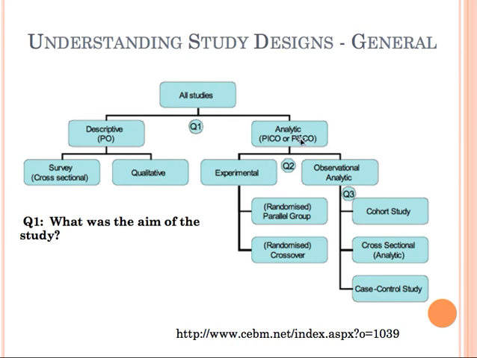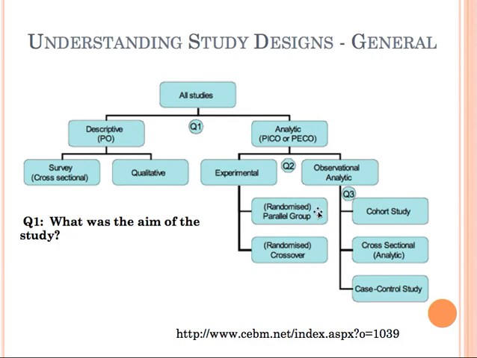Now, analytic studies can make some kind of comparison. And so in that case, it's going to be appropriate to have a PICO, because in a comparison, you'll have an I and a C and an O. And so basically there's experimental and observational analytic studies. If it is analytic, then you have to decide if it's experimental or not.